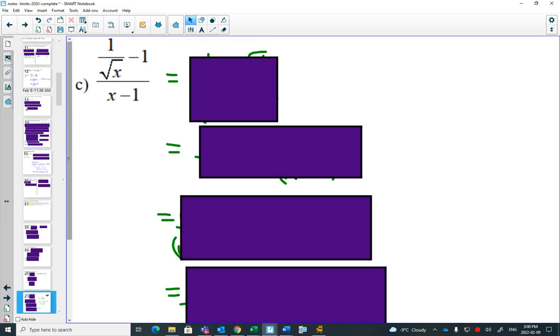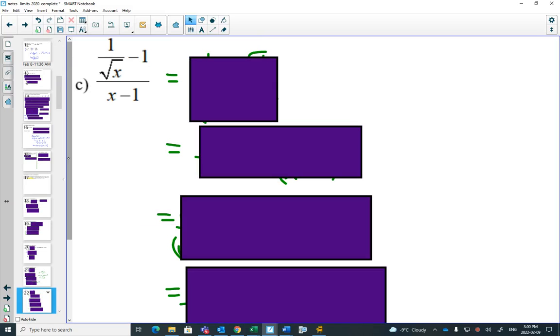All right, one more for you to try. Fractions and square roots and differences of squares.